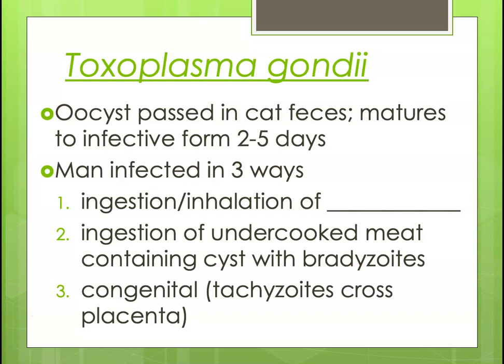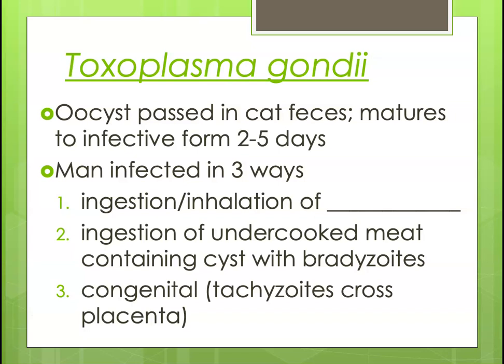We could ingest undercooked meat containing cysts that are full of bradyzoites from another animal, like pig or cow. So other animals can also ingest the oocysts from the cat feces.